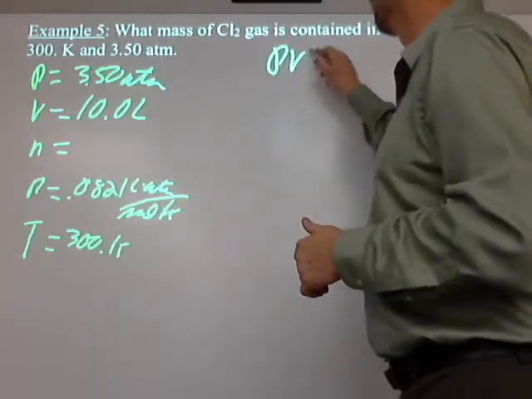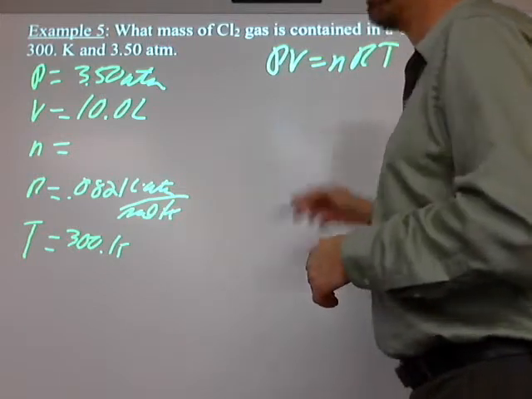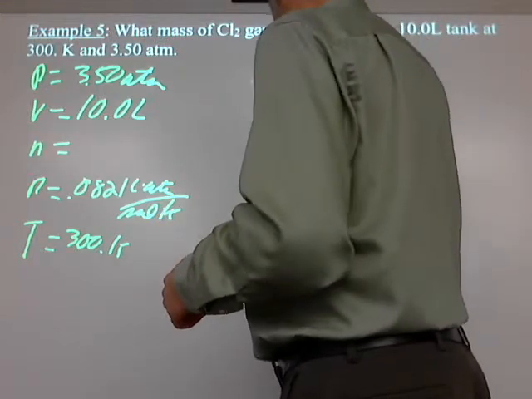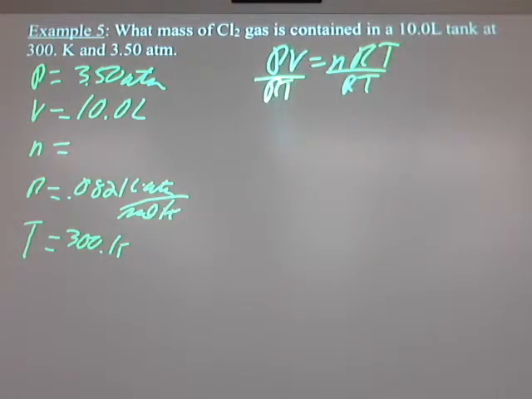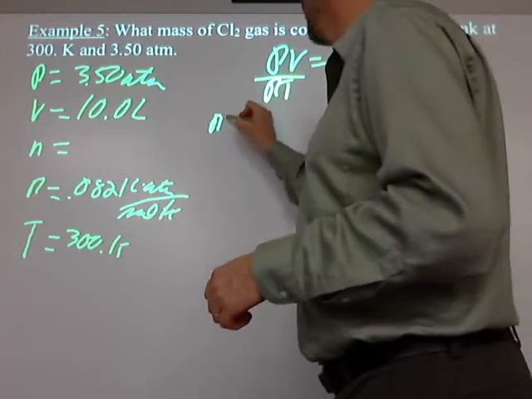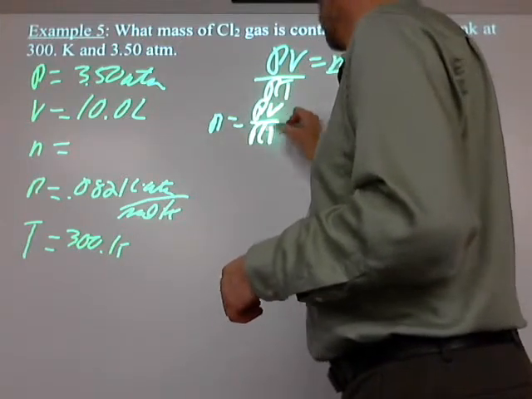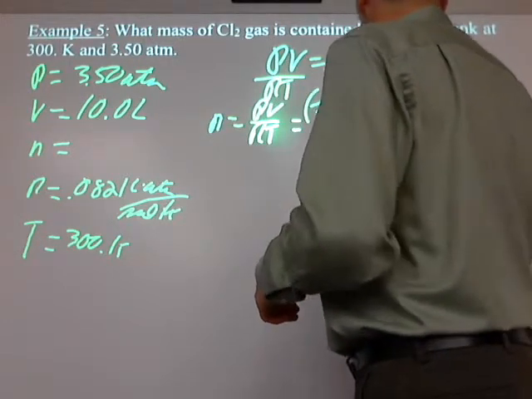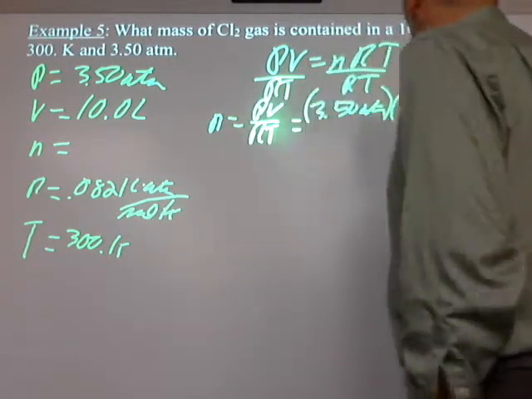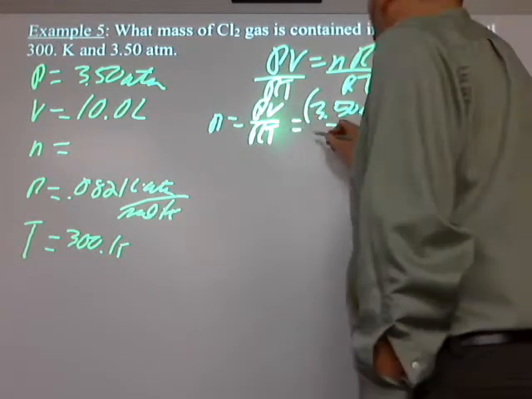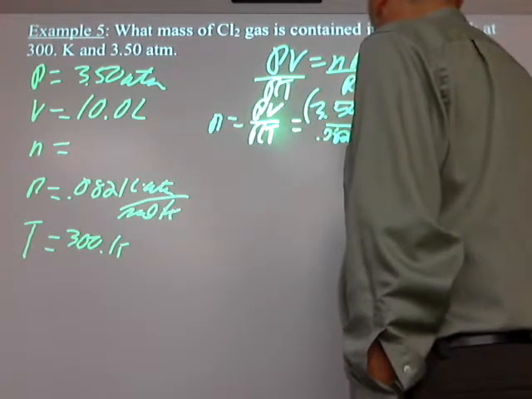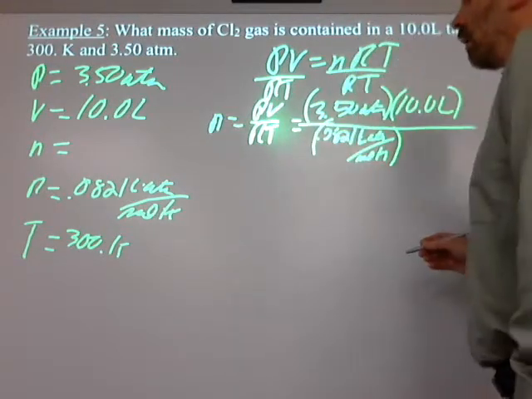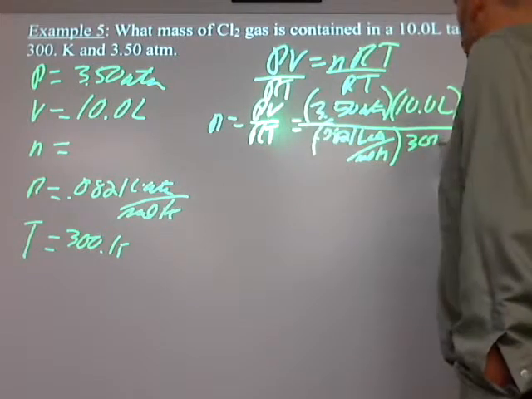Okay, PV equals nRT. What do I got to do to get n by himself? Divide by RT. I could, like I said, have done it all at once, but I think most people would rather have an easier equation to rearrange. So n equals PV over RT. So it equals 3.50 atmospheres times the volume, which is 10.0 liters, over R times T, which is 300.